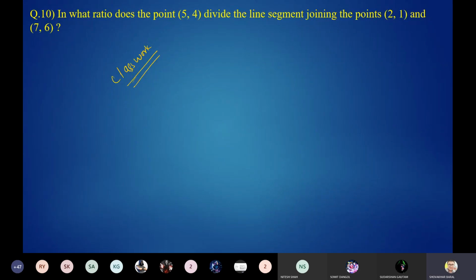Okay, let me check the answer also. Has anyone solved it or not?